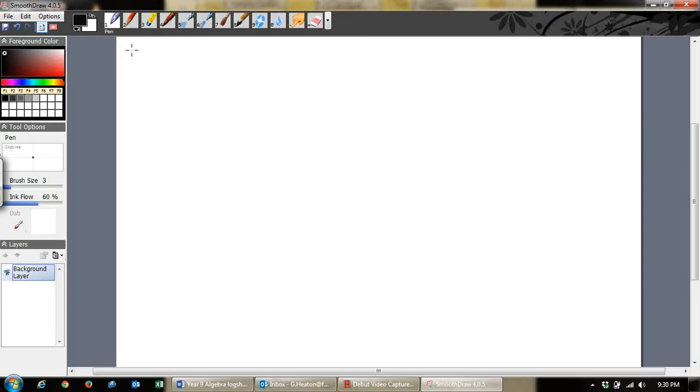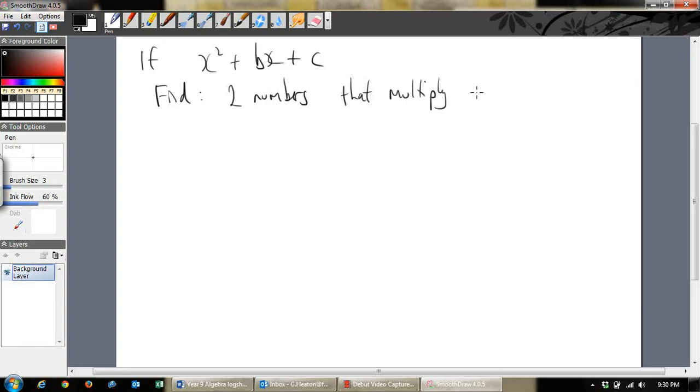Basically, for the first method, if you have x squared plus bx plus c, and that's what you're trying to factorize, then what you're looking for is to find two numbers that when you multiply them, you get c, and those same two numbers that when you add them, you get b.